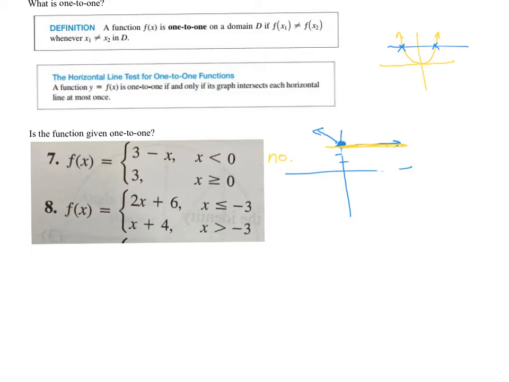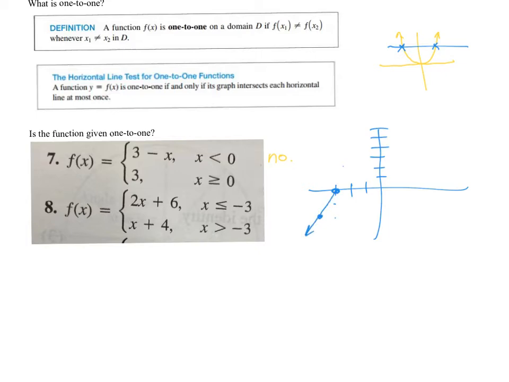Let's graph the other one to be clear. In the next example, you have two line segments being drawn. The breaking point is -3. The first line, when x is -3, y is 0. The slope is up 2 and over 1, and this is staying to the left of that spot.